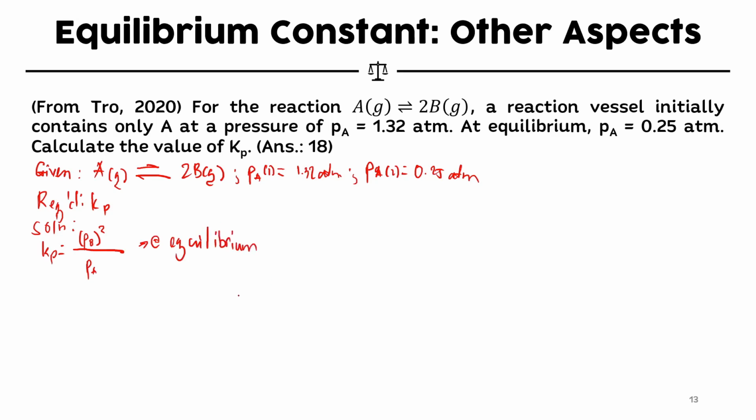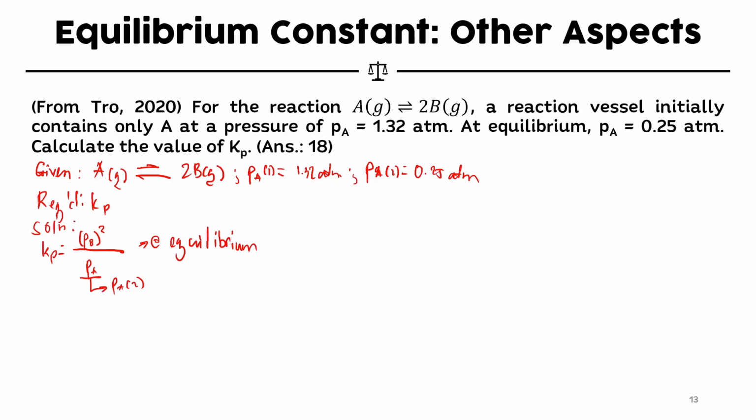Now we already have the equilibrium partial pressure of A, which is our 0.25 atmospheres, so this is our PA2, but we don't have the partial pressure of B at equilibrium. So we will use the difference between the initial and equilibrium pressure of A in order to get the partial pressure of B at equilibrium.